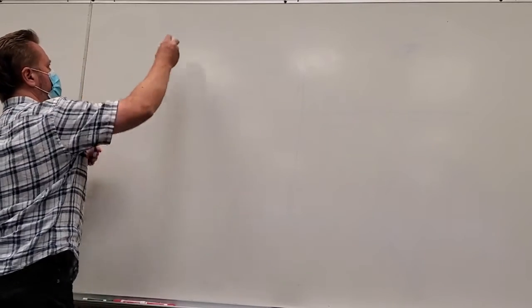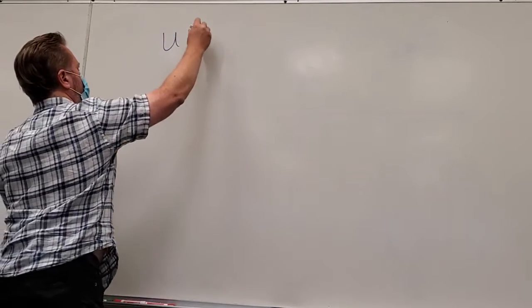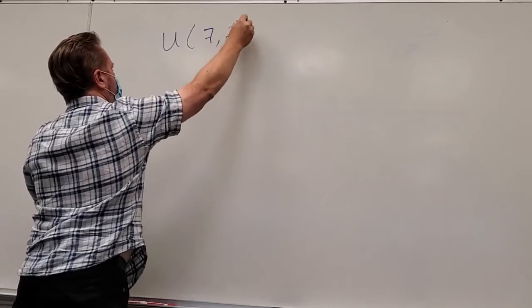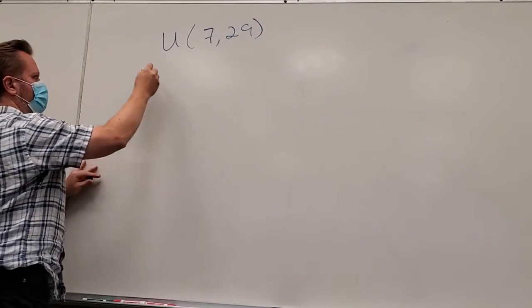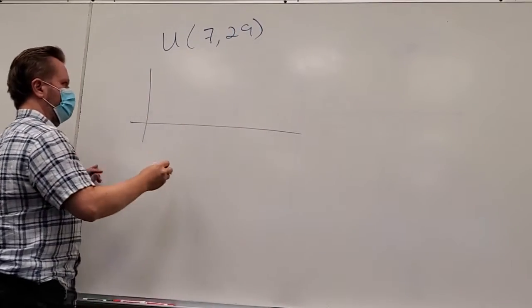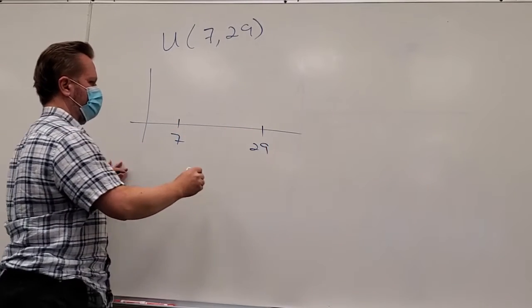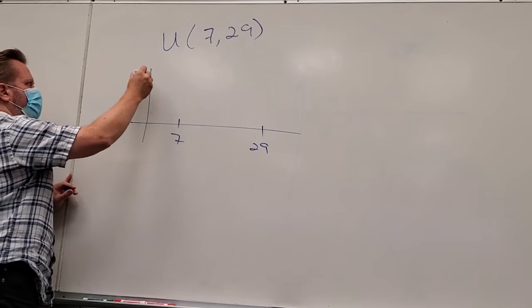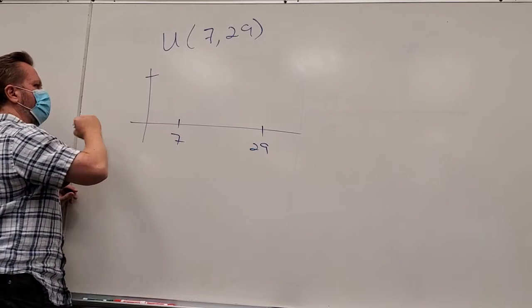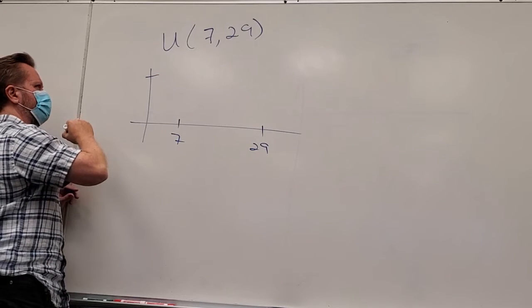All right, so if I had a uniform curve from 7 to 29. What drives me a little crazy is I'll ask you this question on the test and I'll say, draw the distribution, indicate the height. What would the height be for this? 1/22. Right?